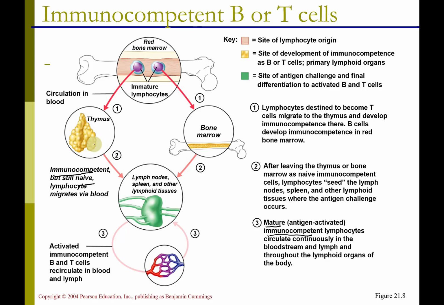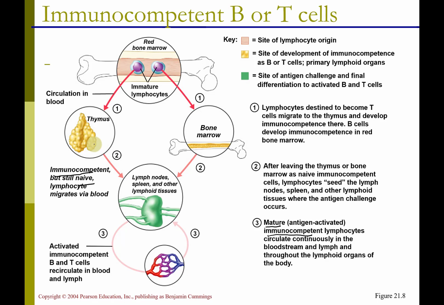So the first thing that happens is they are presented with the MHC complex. If they recognize it by binding to it, they pass the test. If they don't recognize it, they fail the test and they are destroyed through the process of apoptosis, which remember is programmed cell death.